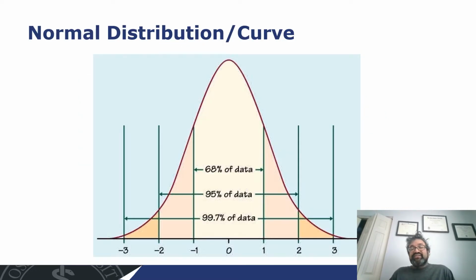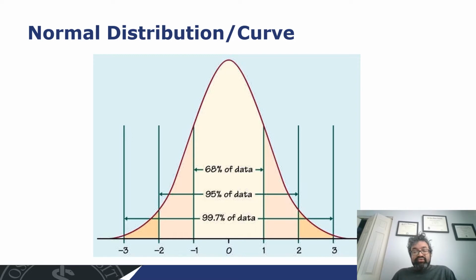So just understanding, again, the normal distribution curve, I went over this yesterday. It's a Gaussian distribution. And this is actually a standard normal distribution. And so the mean, if you go one standard deviation from the mean, then you are accounting for 68% of the data.